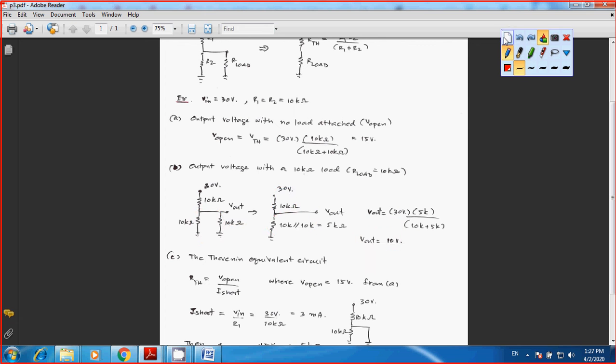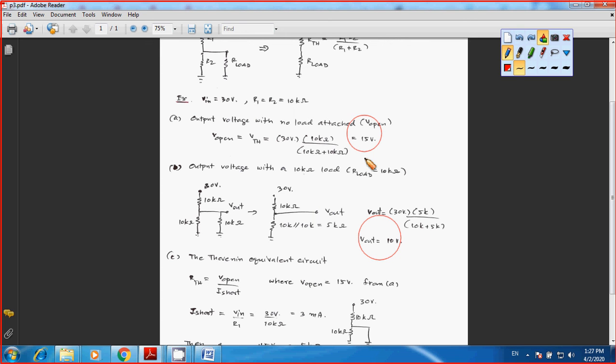By comparing A and B, for A you have no load attached to your supply voltage circuit. You have your V out to be 15 volts, and when you have a 10k ohms load attached to the circuit, you have your V out to be 10 volts.